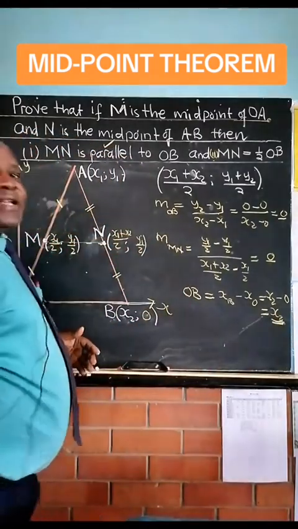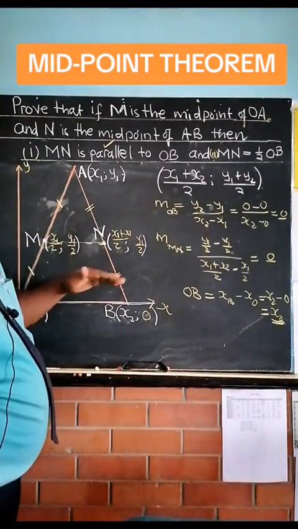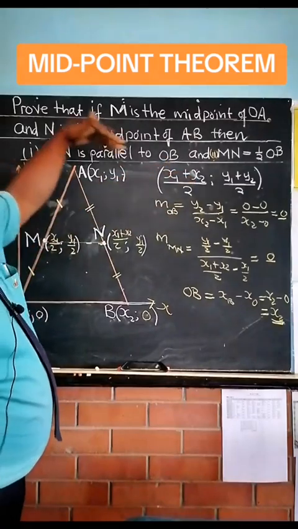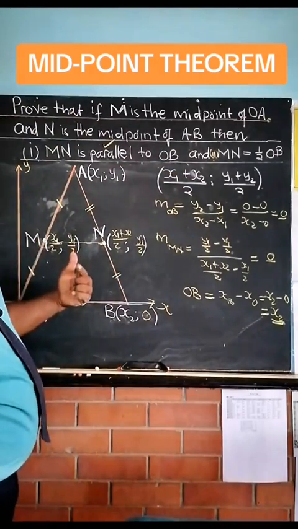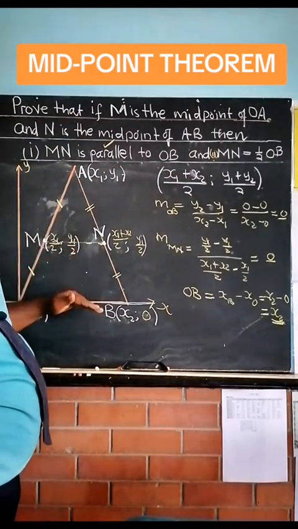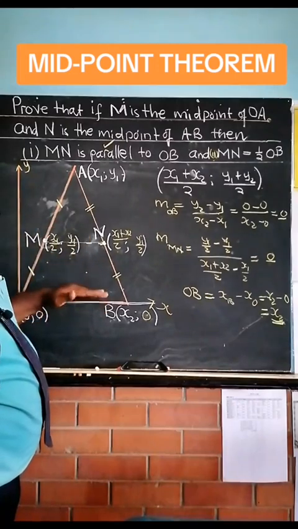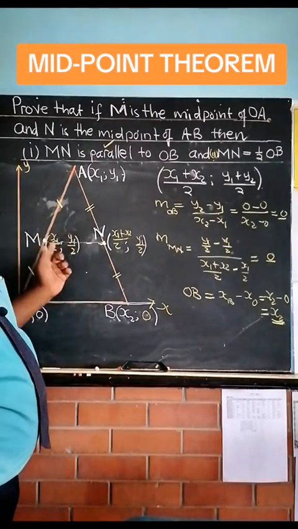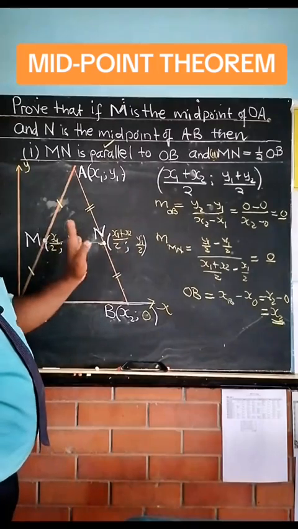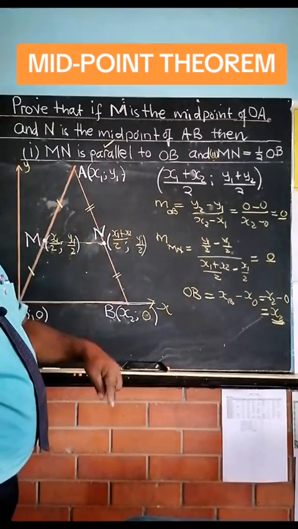Now, let us check the distance of MN. From the previous proof of parallelism, we have seen that MN is parallel to OB. So if OB is horizontal, this implies that MN is also horizontal. So when I get the distance between M and N, I don't use the y values. I only use the x values.